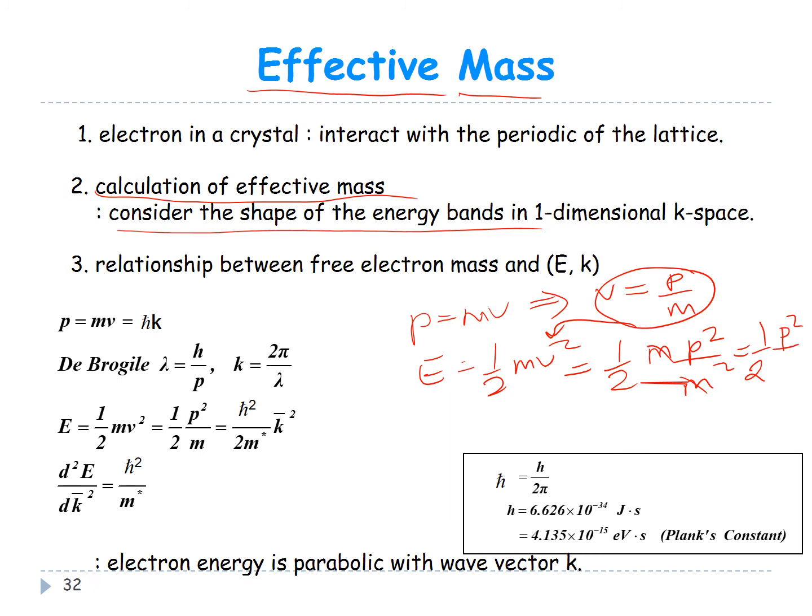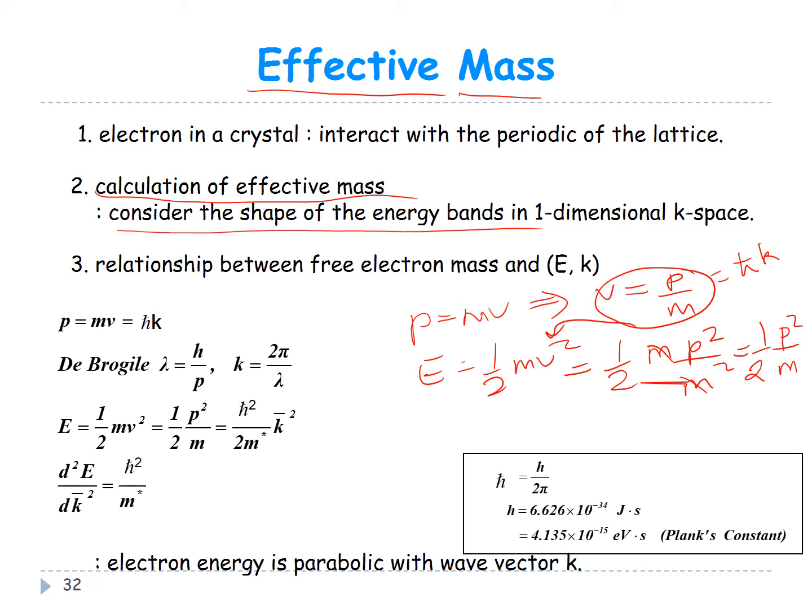p squared over m. Now, if you recall, when we looked at the wave function and the E-k diagrams, we saw that your momentum is actually equal to h bar k, where k is the wave vector.